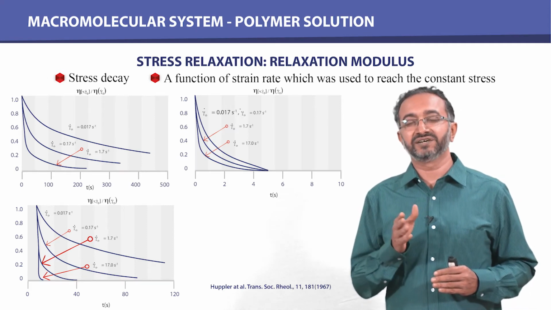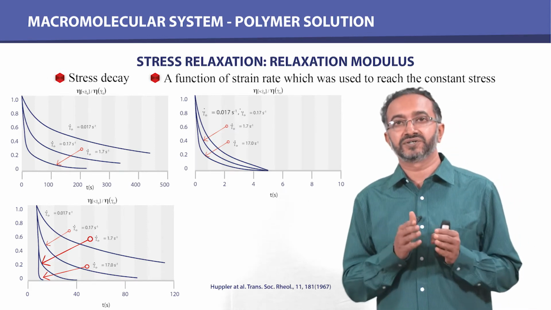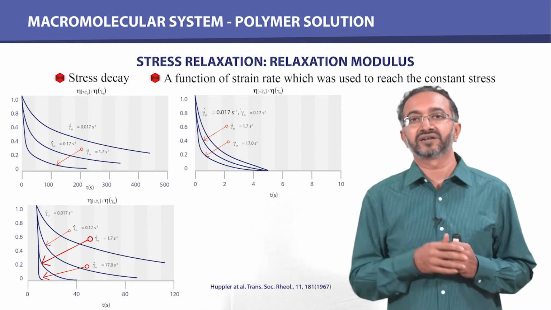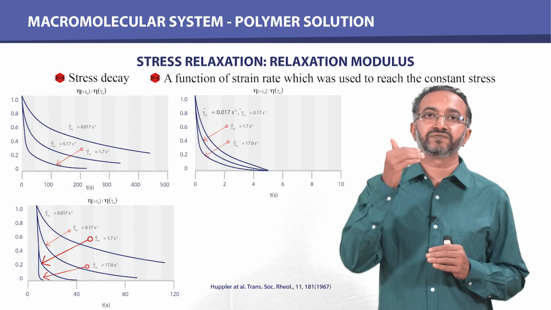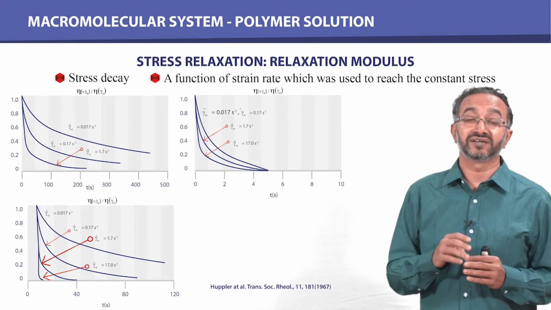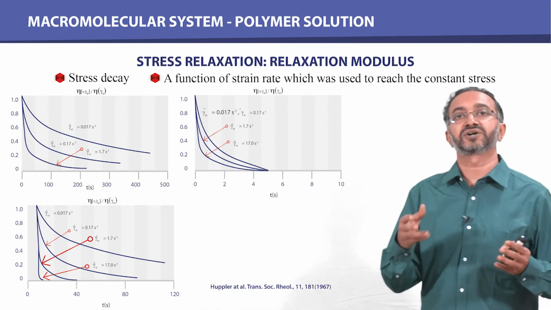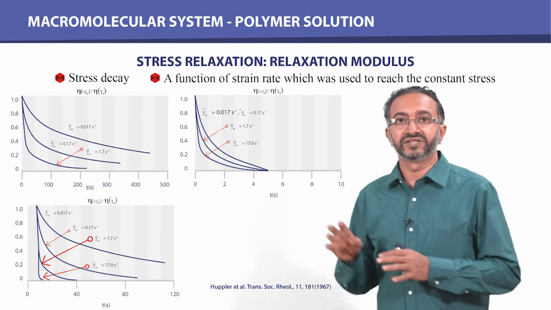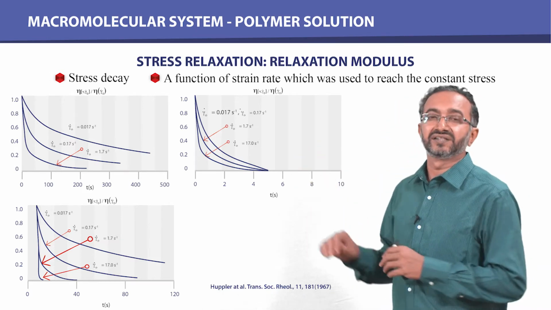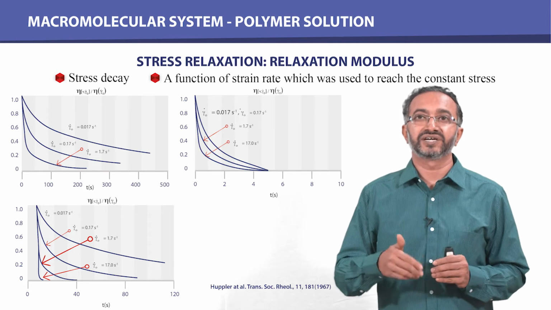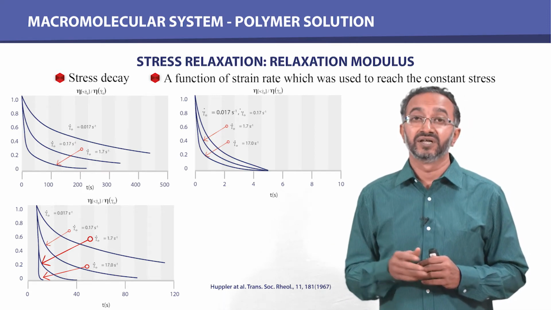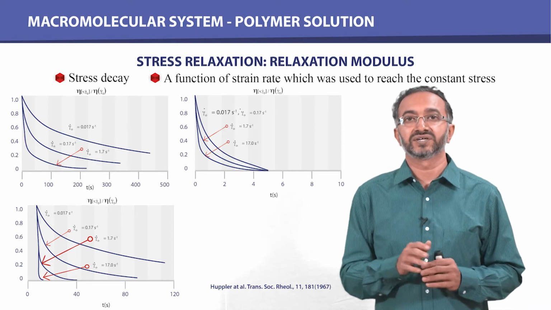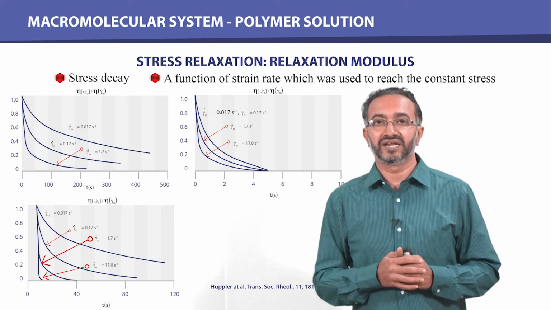And if, let us say, for a significant range of strain rates we see a similar response, then we could go back and say that the application of strain is important and the rate at which the strain is reached is not really important. So, in this particular data you can see that the different strain rates applied in order to reach the constant strain value do significantly influence the stress relaxation behavior later on.